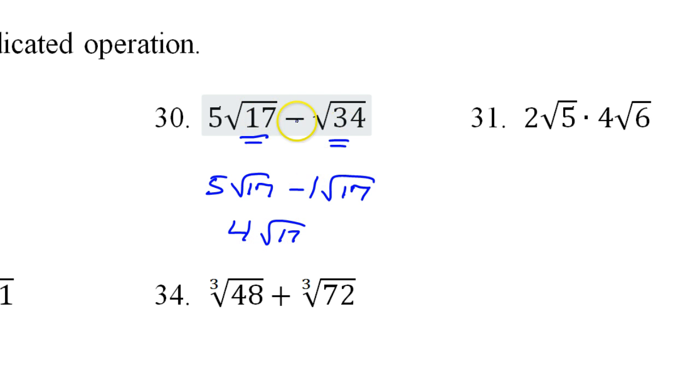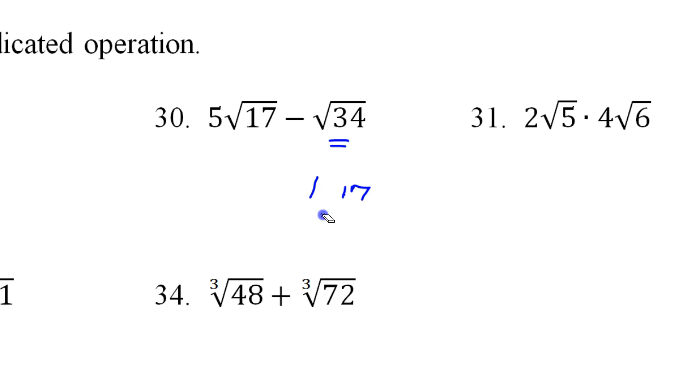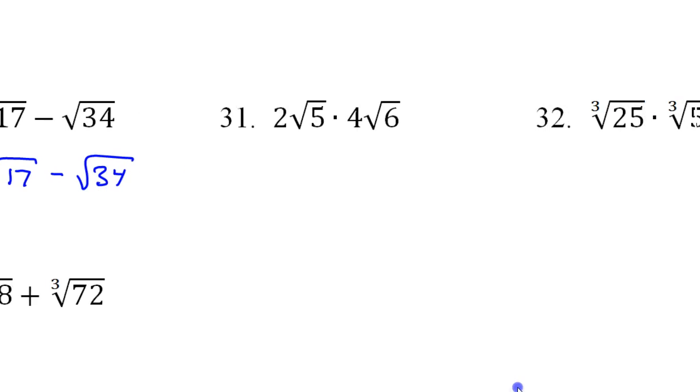But if the radicals are different, the radicand, then you can't do it. So in other words, technically the original problem is already in its most simplified form. So you could just recopy it and keep it the same. Alright, so watch out for that.